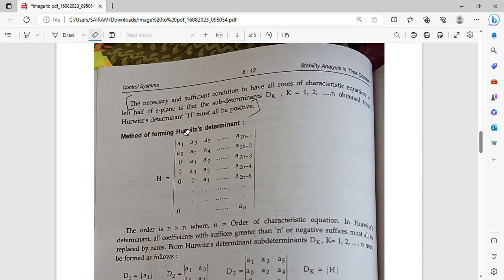So there is a Hurwitz determinant, say H, and this is very important. From this Hurwitz determinant, the subdeterminants that you obtain are Dk, k equal to 1 to n. All these must be positive.